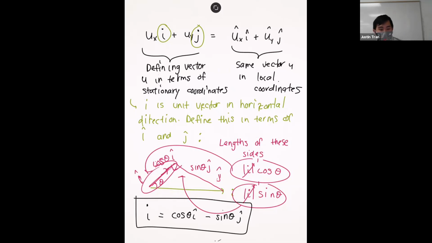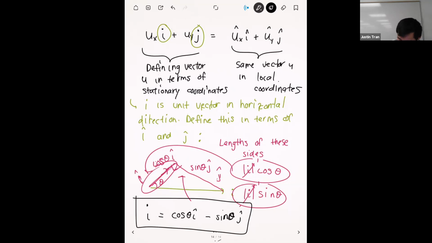I put a minus in front of the sine theta because this is going in the minus j hat direction. So here we have our first relationship, where we have the regular I in terms of I hat and j hat.